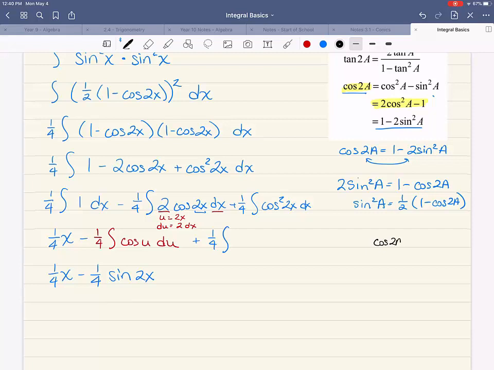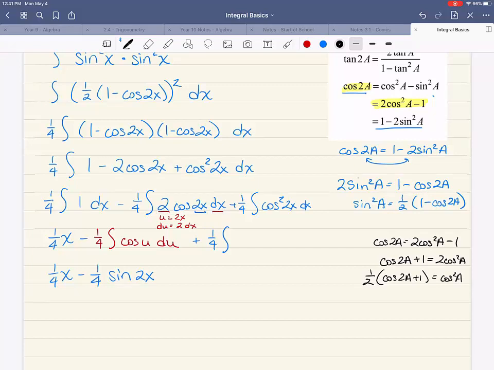Cosine of 2a equals 2 cosine squared a minus 1. I'm going to solve for cosine squared. So I get cosine of 2a plus 1 equals 2 cosine squared. Multiply both sides by 1/2. And you get cosine squared of a.